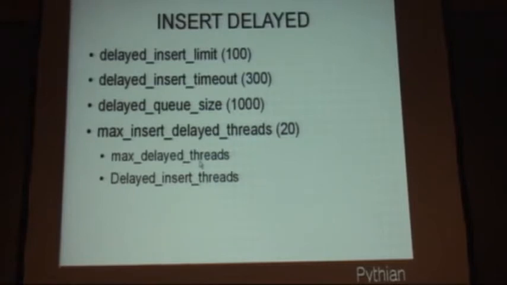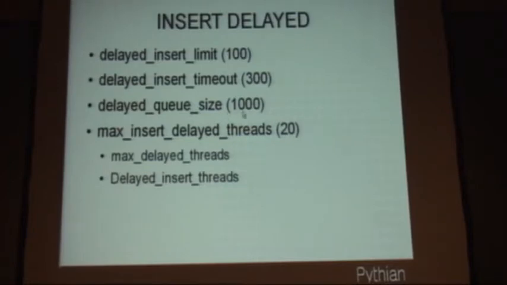Delayed insert limit. When you're doing this kind of bulk insert using insert delayed, you want to process selects after this many records have been inserted. If you have like 100,000 rows to insert, you have a queue, so there's a delayed queue size.